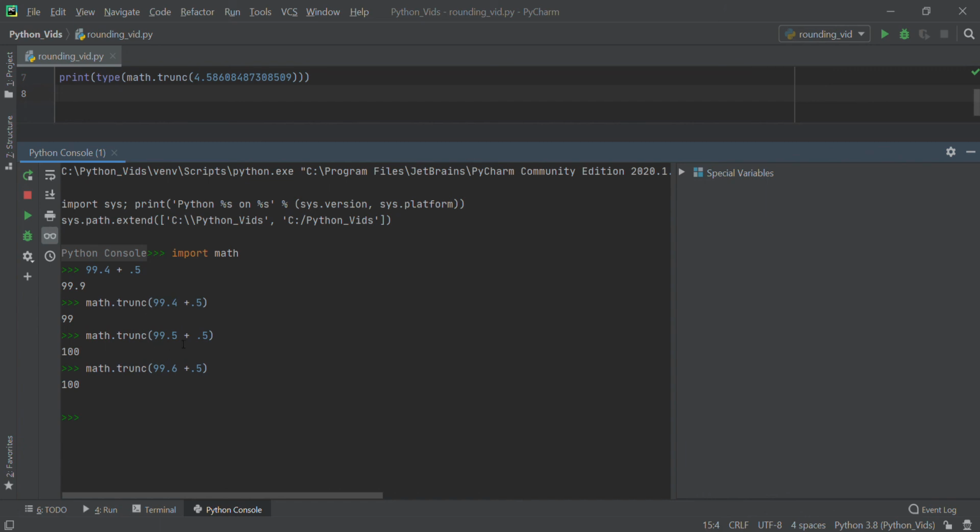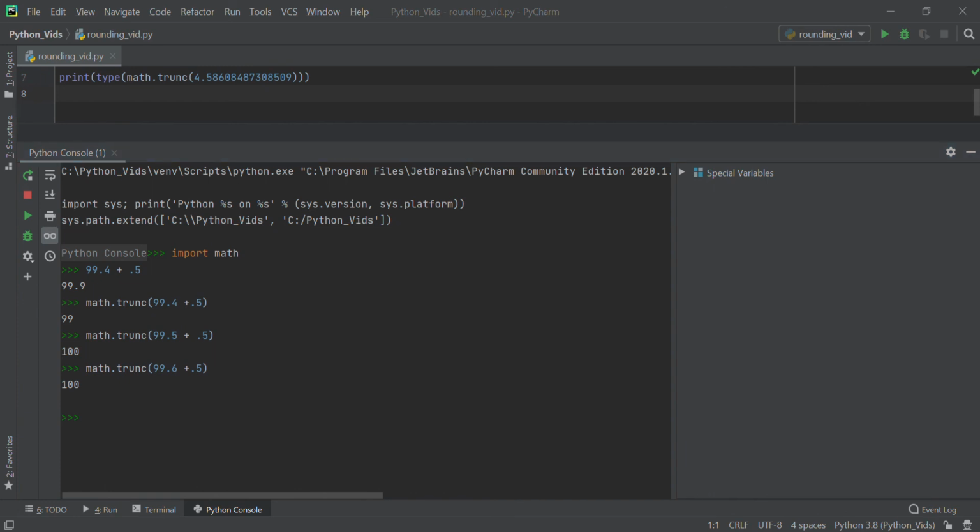And it can be used to round in a way that always rounds the 0.5 as up, because all we're really doing is adding 0.5 to the value we want to round and then chopping off all the decimals. And so that's a little backdoor way to round in a way that will always give you a higher number at 0.5 if you want to do a rounding in the way that you might be more familiar with in your math class rather than the way that Python does it by default.